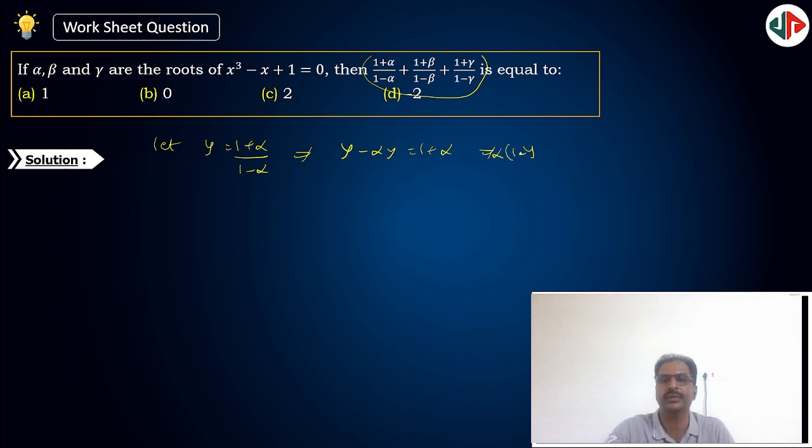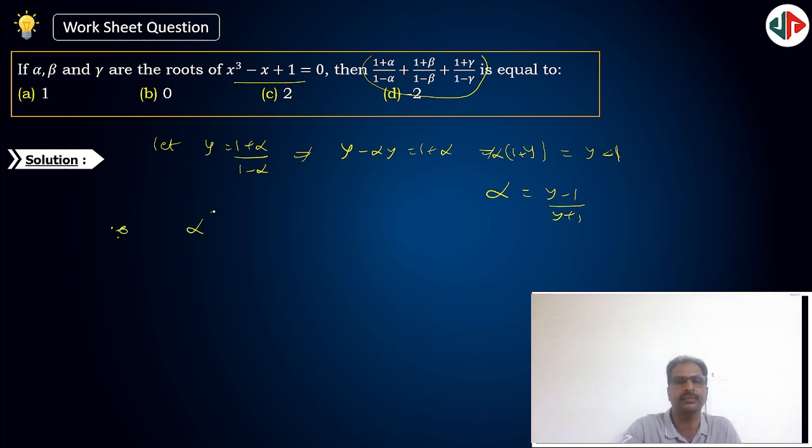Alpha into 1 plus y is equal to y minus 1. Therefore, alpha is equal to y minus 1 by y plus 1. Now, since alpha is the root of the given equation, in place of this I can write alpha. So, alpha cube minus alpha plus 1 is equal to 0.